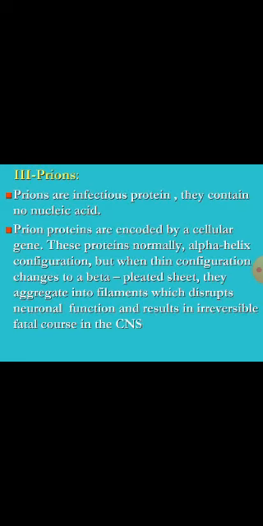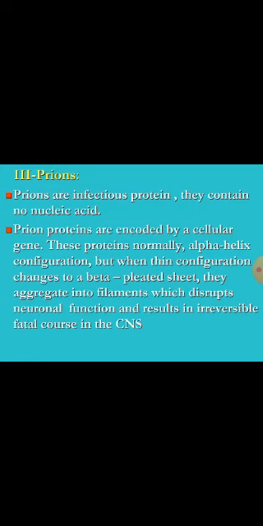Prions. Prions are infectious proteins. They contain no nucleic acid. Again, very important to know that prions are protein in nature, no nucleic acid. These proteins are encoded by cellular genes.